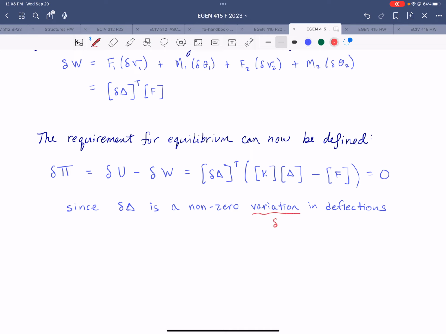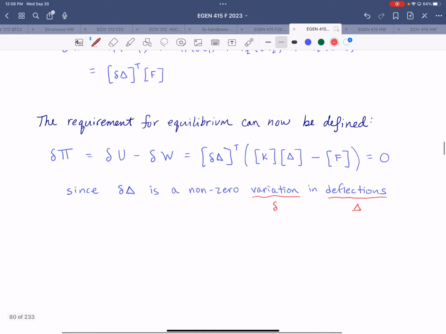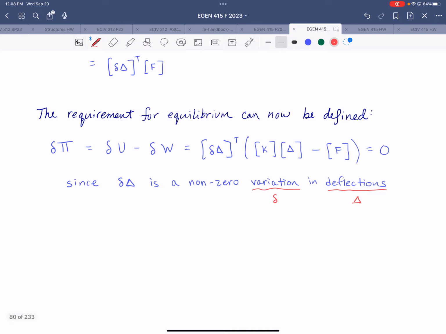So the variation is represented by the lowercase delta, and the generalized deflections are represented by the capital delta. We can say then that the stiffness matrix times the generalized displacement matrix is equal to F, the generalized force matrix, being the condition of equilibrium.